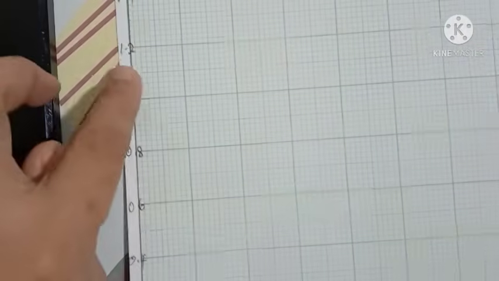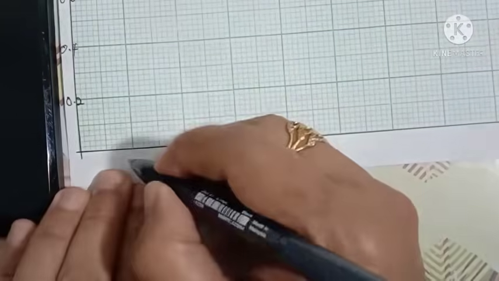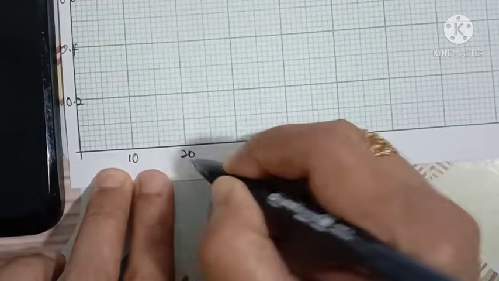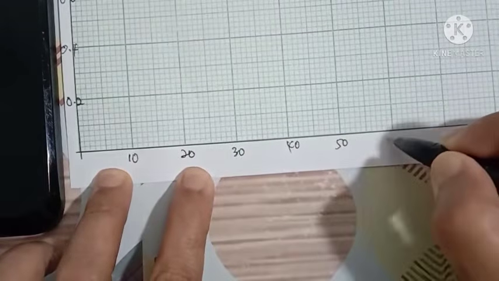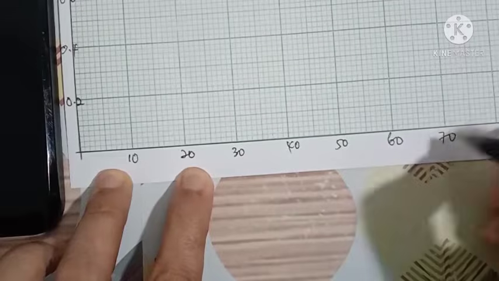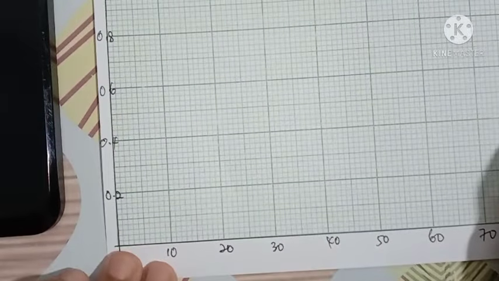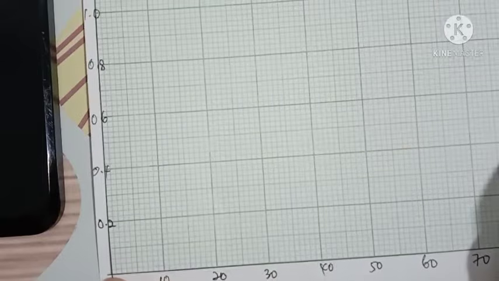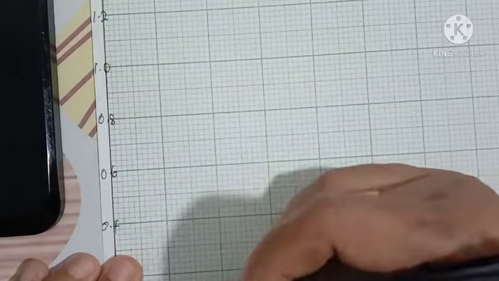Maximum is 1.6, already cover more than 5 larger square. And then for this one, 2 cm, 10, 20, 30, 40, 50, 60, 70. Okay, now we want to transfer the points. Length 20, T 0.88. Be careful when you transfer, read the scale correctly.